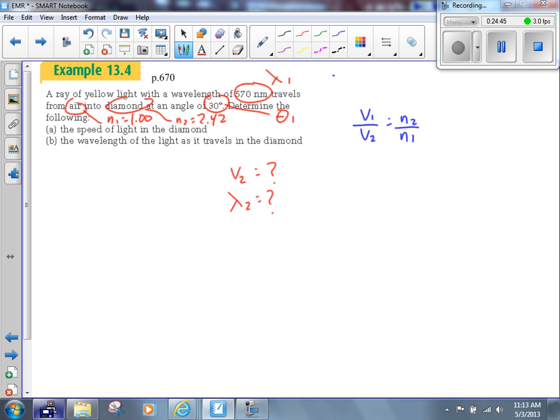What's the speed of this yellow light before it goes into the diamond? 3.0 times 10 to the 8. Okay, we got to read between the lines a little bit there, right? But it's there. The speed in the air is 3.0. The speed in the diamond, that's what we're looking for here. N2 is 2.42. And if we use that value of 1.00 instead of 1.0003, then we have a little bit easier math here because we don't have to divide by anything.